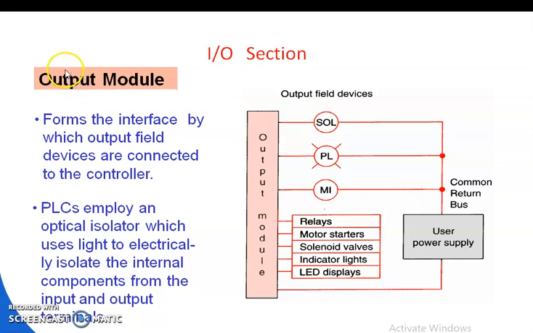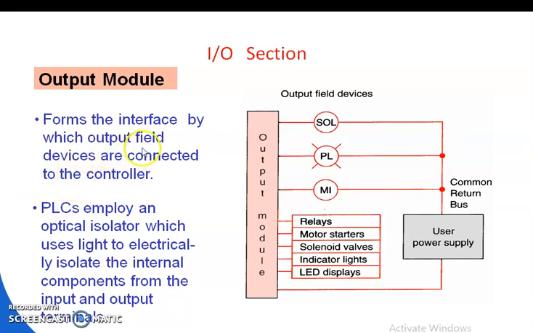This is the block diagram of the output module system. This is the SOL, this is PL, this is MI. This is the output module. This is the user power supply. This is the common return bus. These are relays, motor starters, solenoid valves, indicator lights and LED displays.